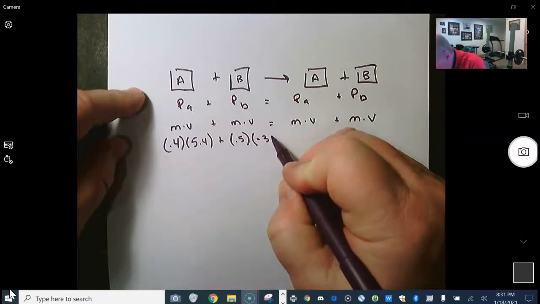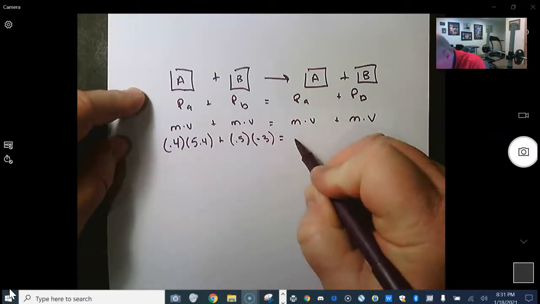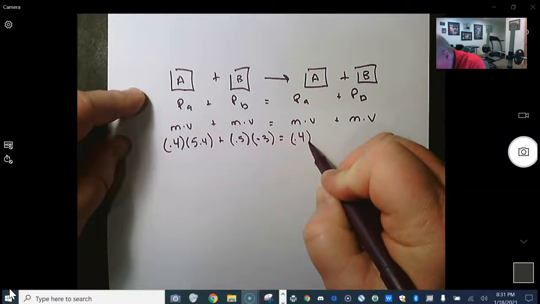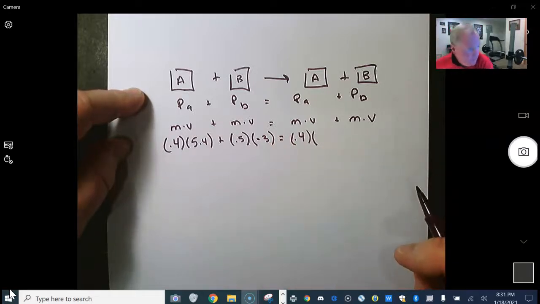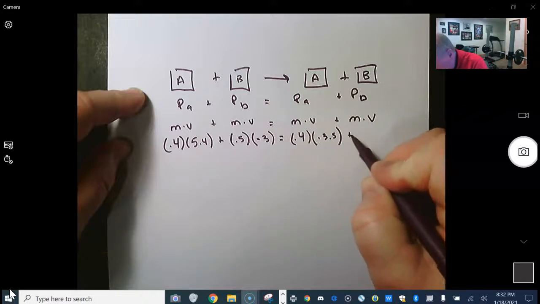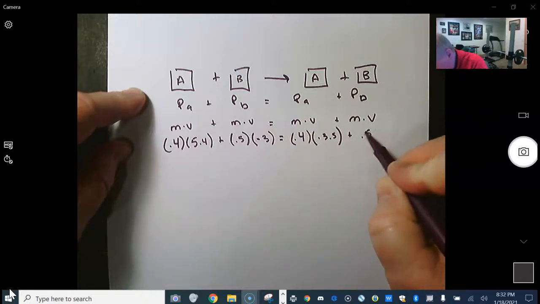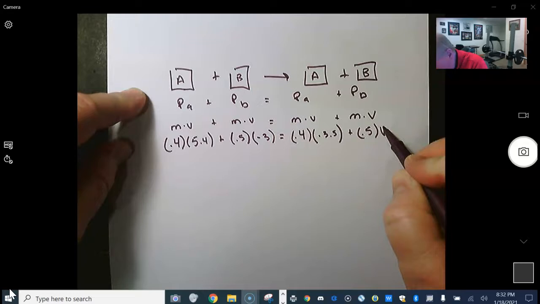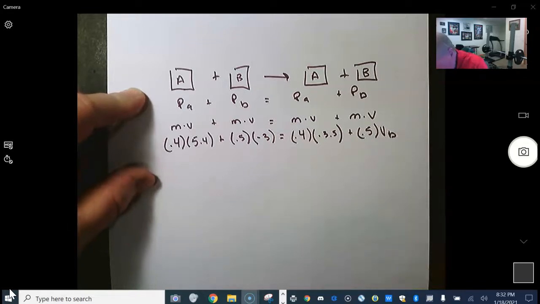That's a negative 3. Equals, okay, same mass for A, and they're saying A is going to be back to the left at 3.5, so negative 3.5 plus 0.5 for the mass of B, and that's what they're going to ask us to solve for, V of B.